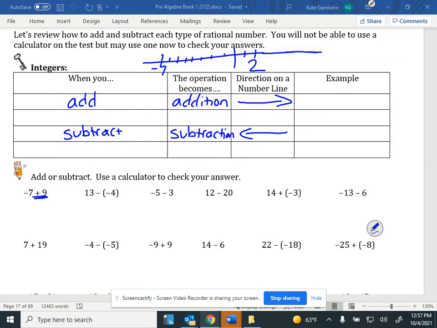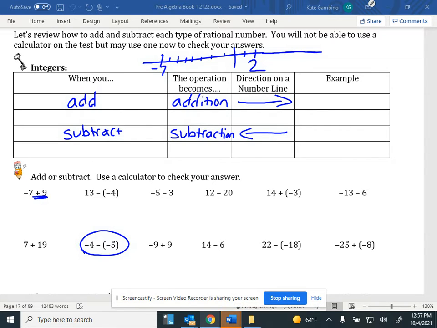Paisley? Tell me what the... Number 8, negative 4 minus negative 5. So this one down here? Yeah. What do you do if you're subtracting negative by a negative? Would that be addition? It's a positive.